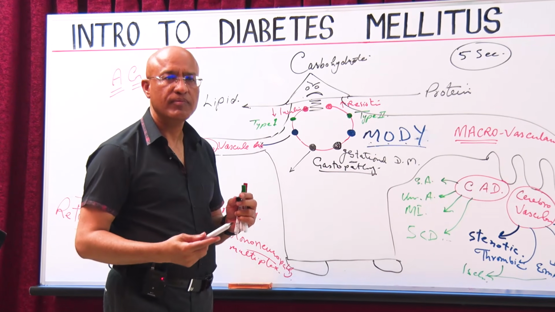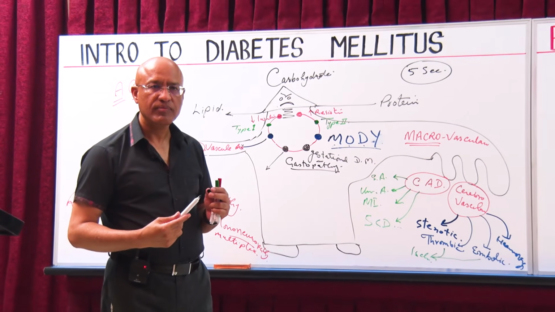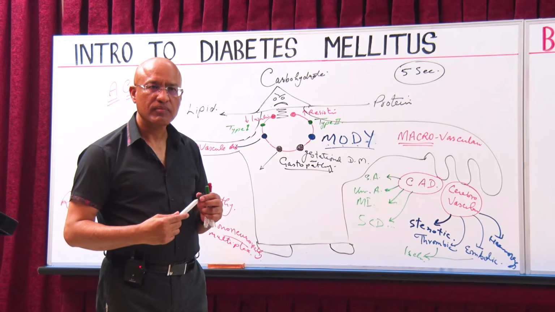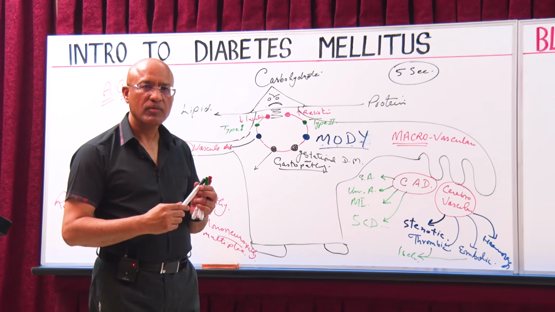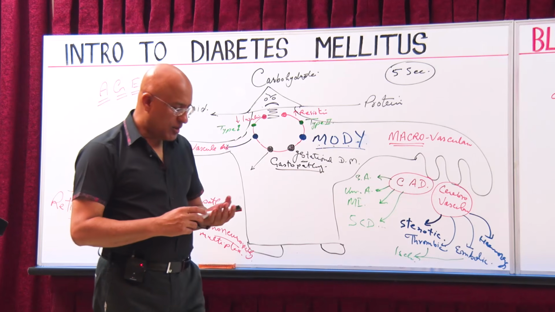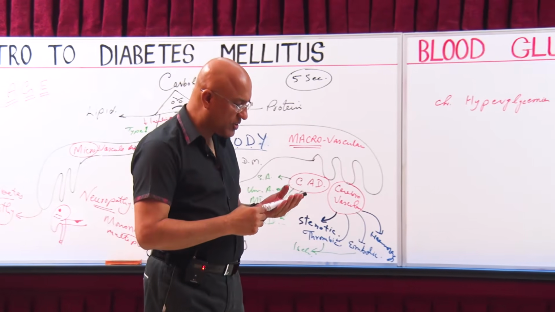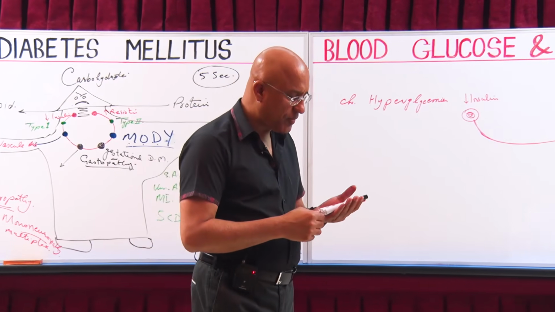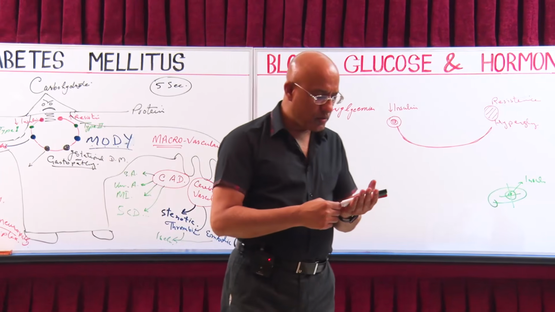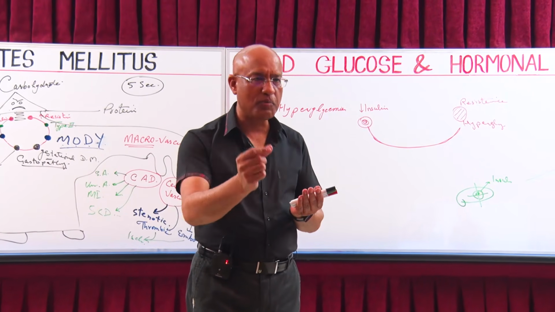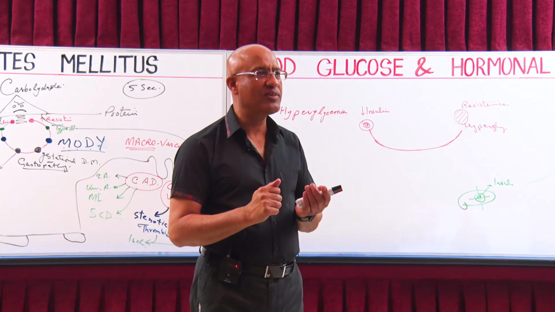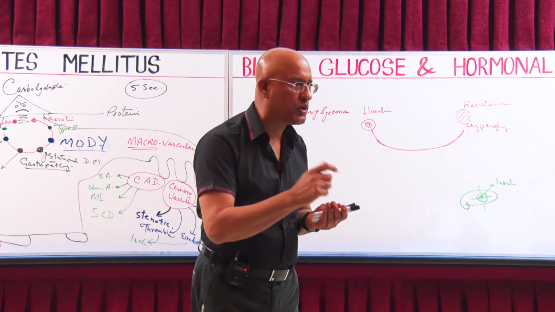Sir, neuropathy is the problem with neurons. Neurons are not blood vessels. Why are we saying this is a problem with microvasculature? Okay, his question is that neurons are neurons and are not blood vessels, so why are we saying that neurons have microangiopathy?